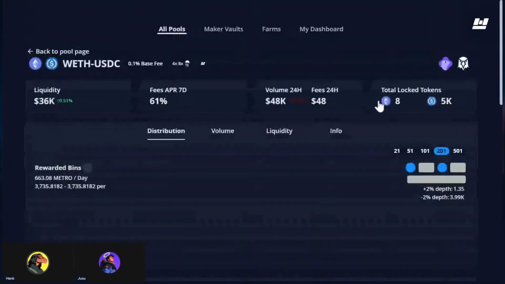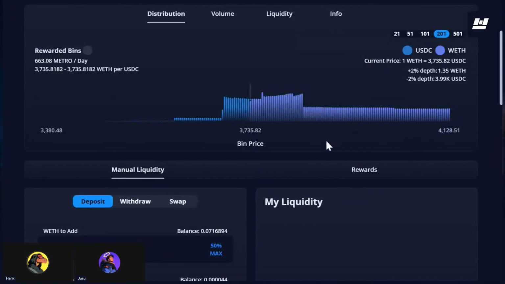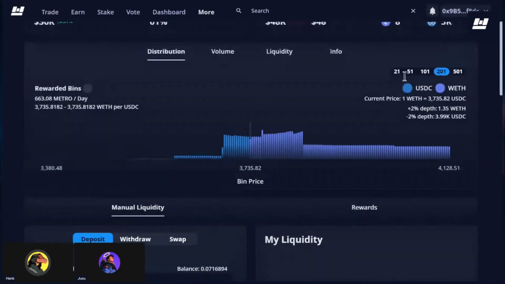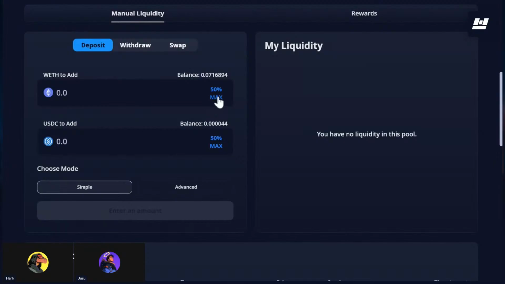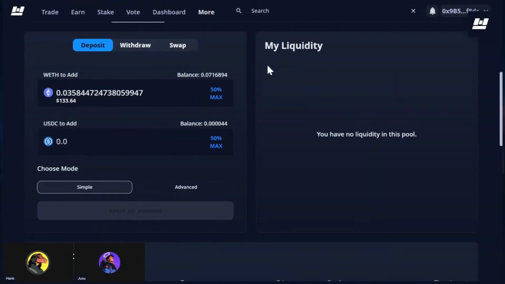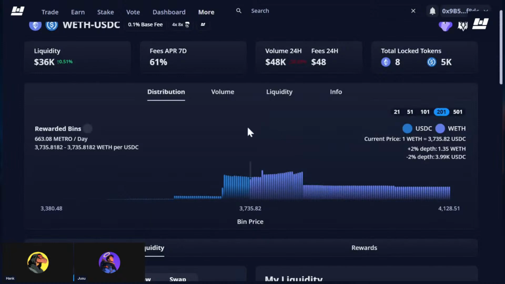I'm going to take the 2410 one that already has liquidity, and let's say I want to scale out with a normal distribution. I don't need to put all in. So I'm going to scale out with a normal distribution from this token, from ETH.